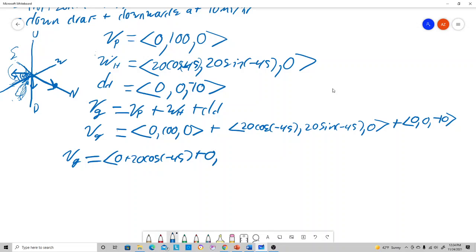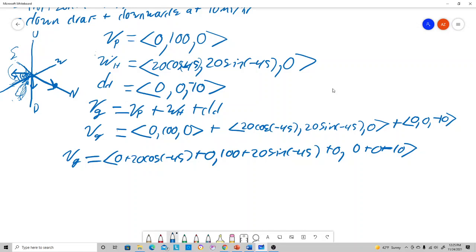Now let's go to our y component, so 100 plus 20 sine negative 45, and then plus 0. And then for our z component, finally, we have 0 plus 0 minus 10. Okay. So now we can just simplify all of this.